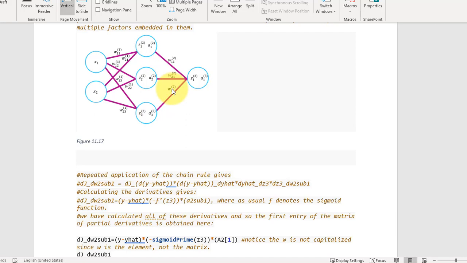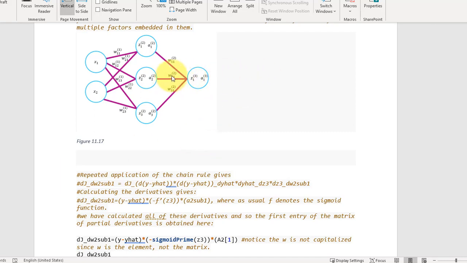Now we have to do the same thing for this one and for this one, but the logic is still the same. To get from here to J, it's just as though we had the 1-1-1 network, and we were following J to here. Then there was only this one weight, and then going to this one node. So the pattern should be the same.